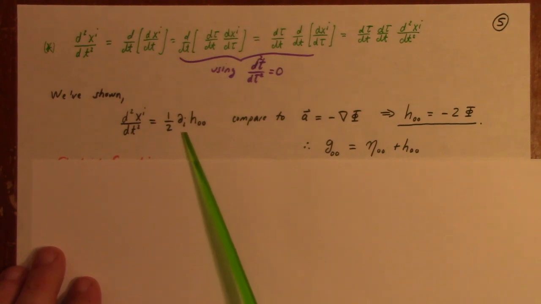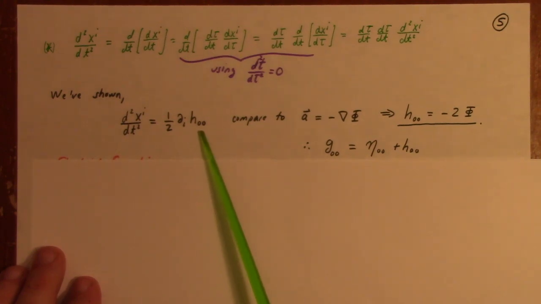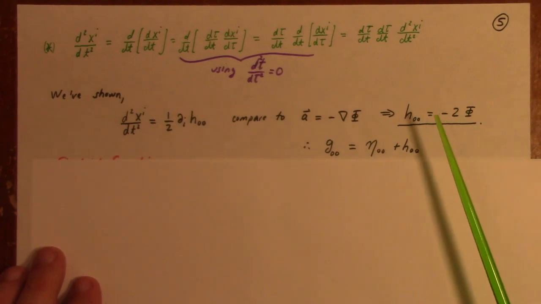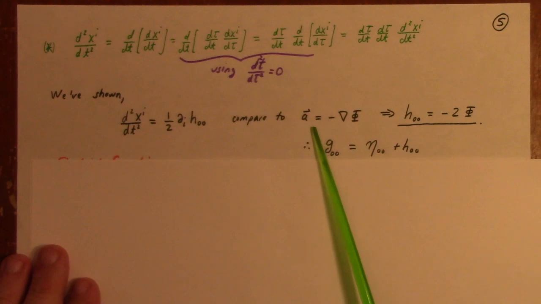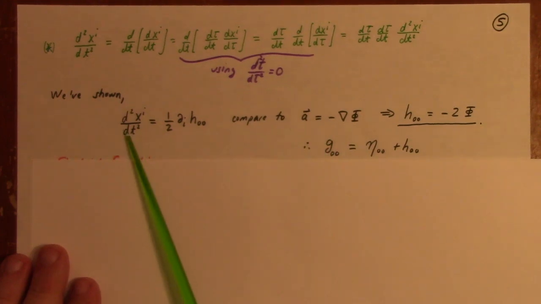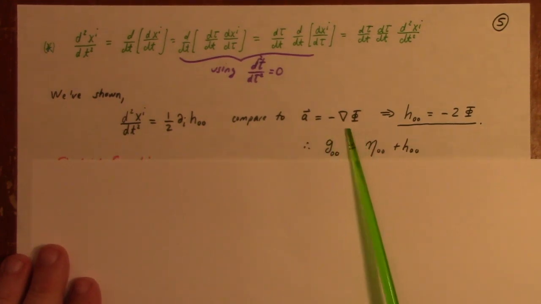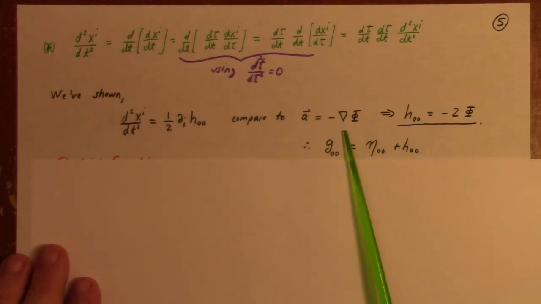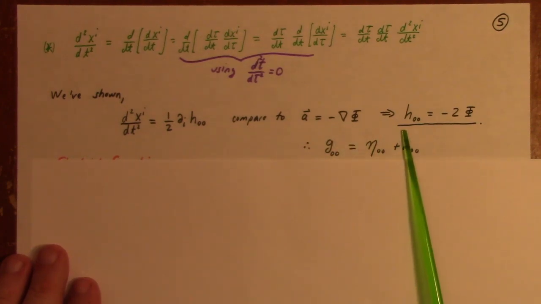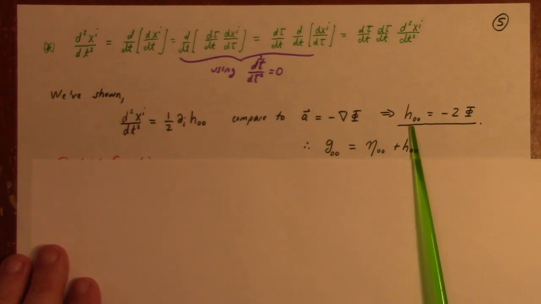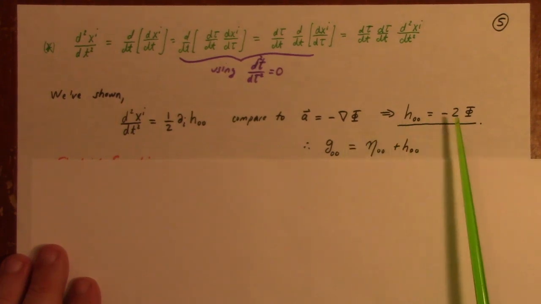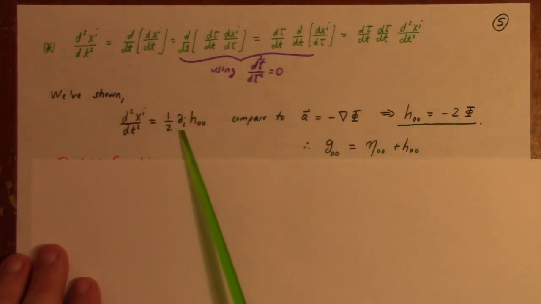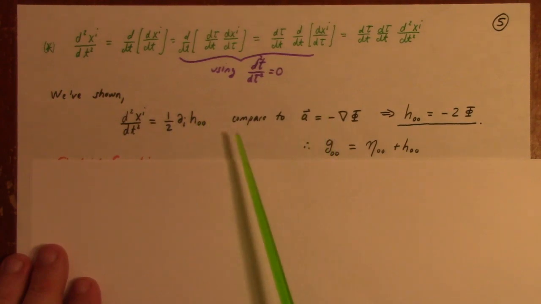The ith derivative of the 0,0 component of the perturbation. If you compare this to the formula from the Newtonian case, where the acceleration is equal to minus the gradient of the potential, that suggests that h00 must be minus 2 phi, because there's a 1/2 here and it's the ith derivative of h00.